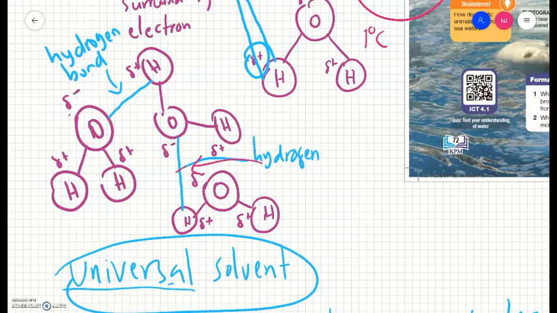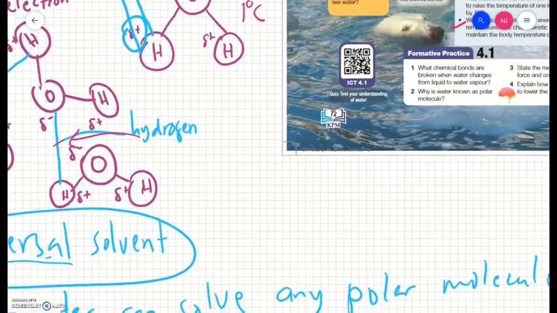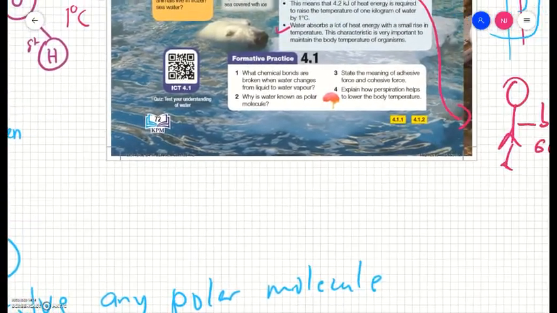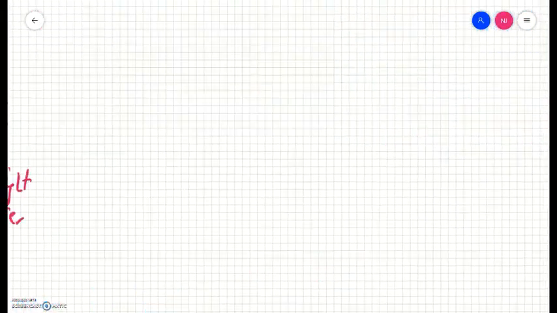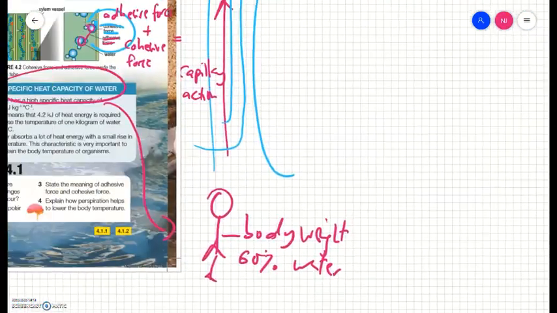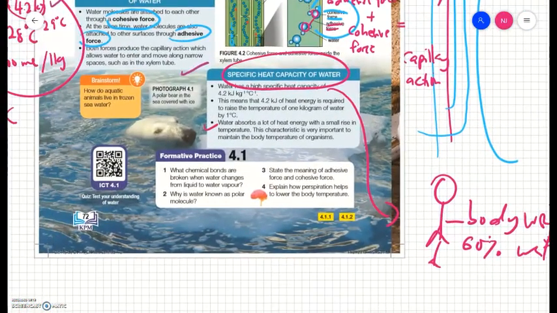So that is why water has a high specific heat capacity.